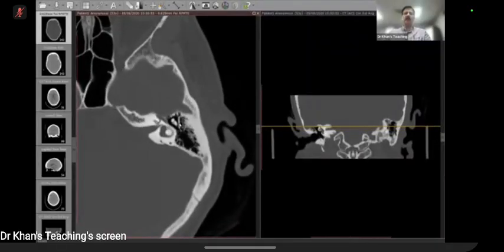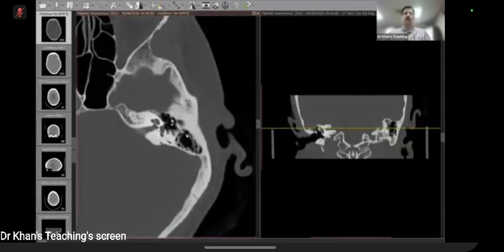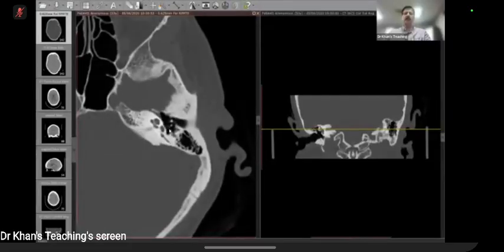On the other hand, on the axial slice, we can see that this lateral semicircular canal is projecting here. As we go inferiorly, I am going into the level of the mesotympanum. And here you can see the pyramidal eminence has come into play. You can see the scutum, the stapes here, and the tympanic membrane here.